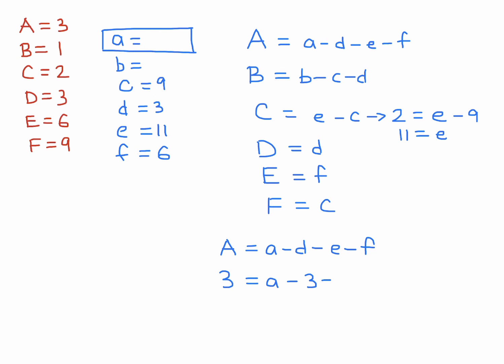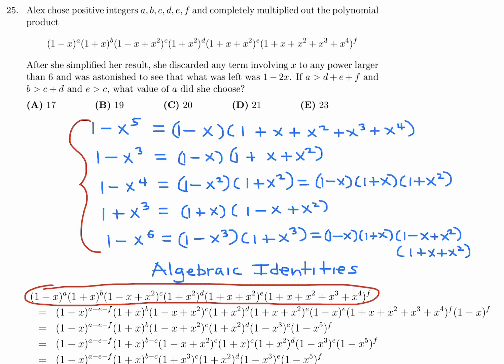Our big A is 3. A is what we're trying to figure out. Small d is 3. Small e is 11. Small f is 6. So therefore, A is equal to 3 plus 20. And therefore, A is 23. And that is the answer to the question. So number 25, the answer is E.